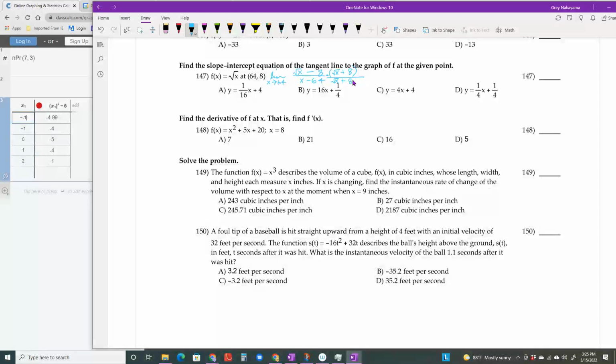Okay, that gives me the limit as x approaches 64 of x minus 64 on the top and x minus 64 on the bottom times the square root of x plus 8.